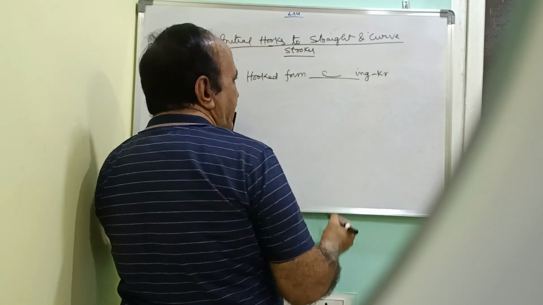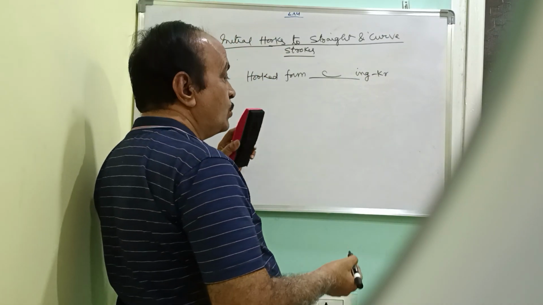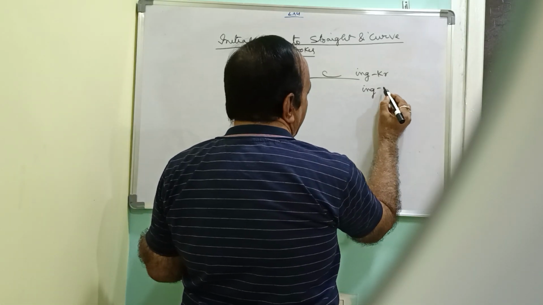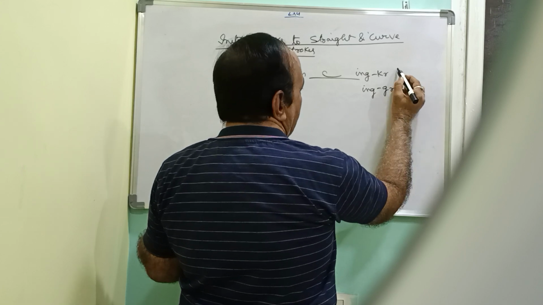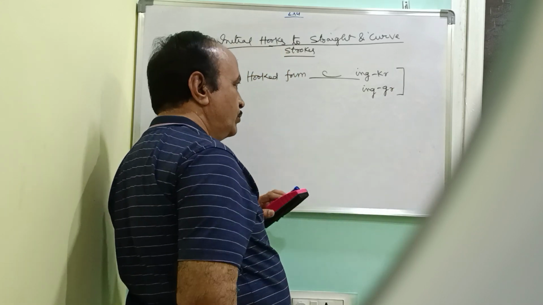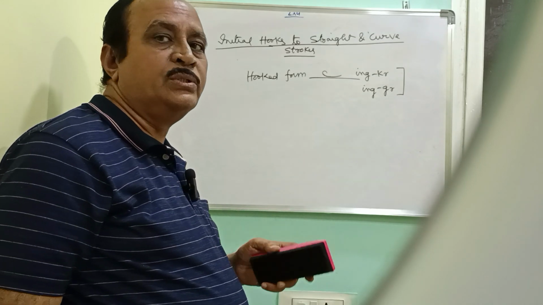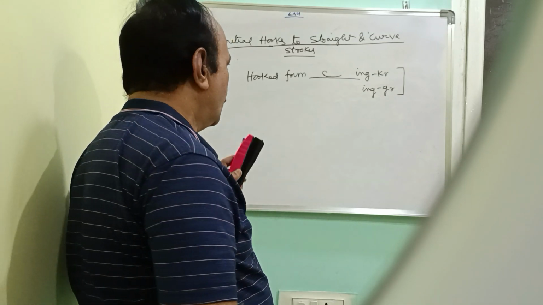It gives the sound of inger, and it will also give the sound of inker. Both the sounds it will give. Right? How it will come, how we use it in different words, I will show you.